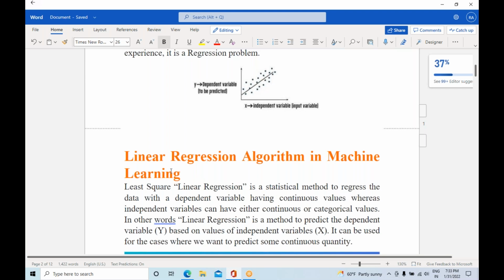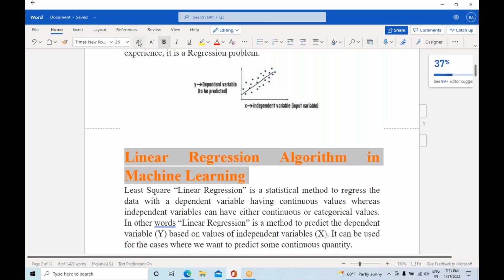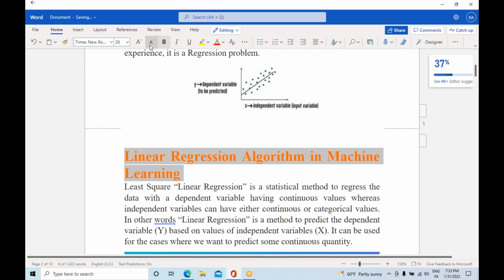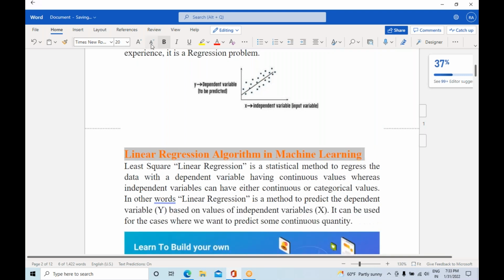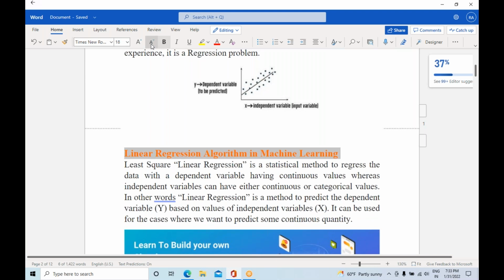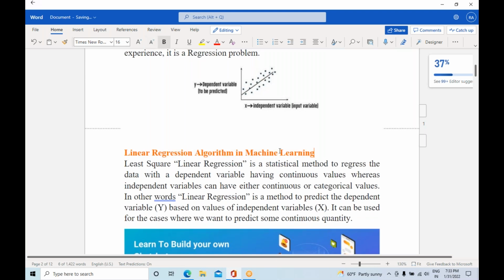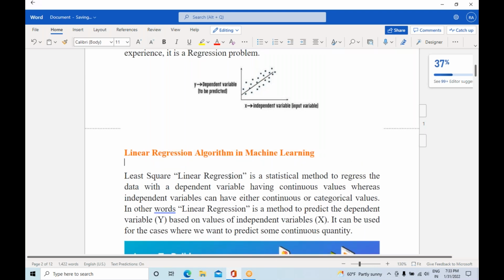Okay, so linear regression is nothing but, we might have a dependent variable and independent variables, right? When we have a dependent variable and independent variable, you can say it's linear regression, or you can say it's least squares.